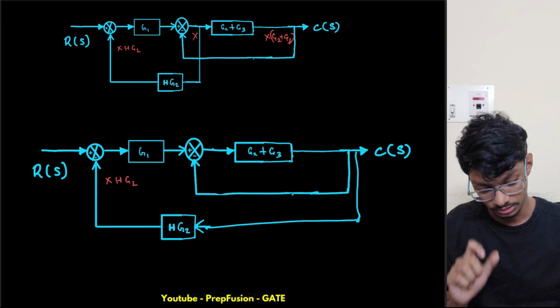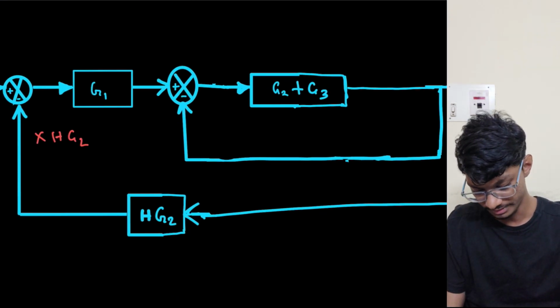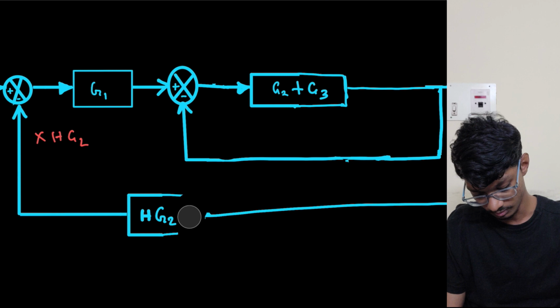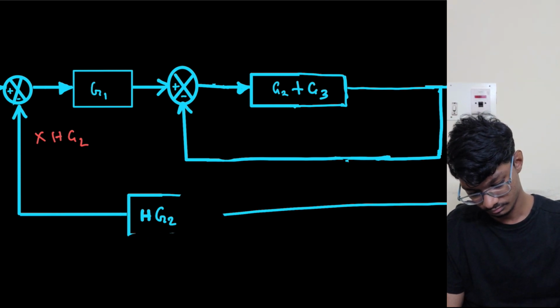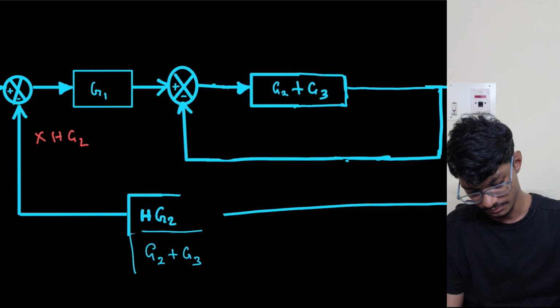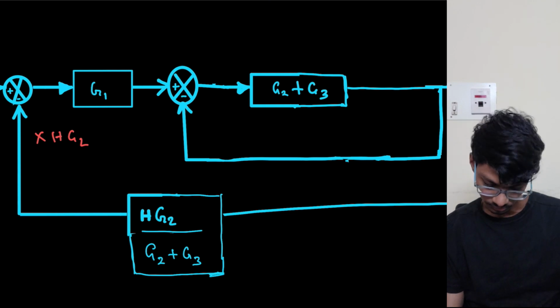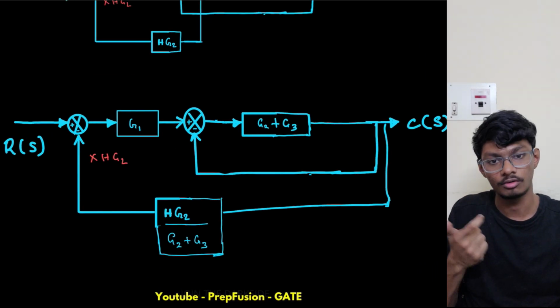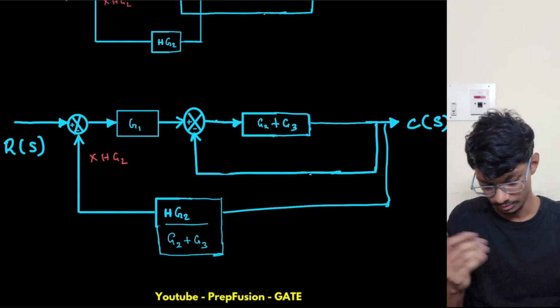Now if I have an extra G2 plus G3 gain over here, I need to divide this block by G2 plus G3. So the block will be replaced like this, if I move the takeoff point after a gain block. So yeah, I hope you're understanding.